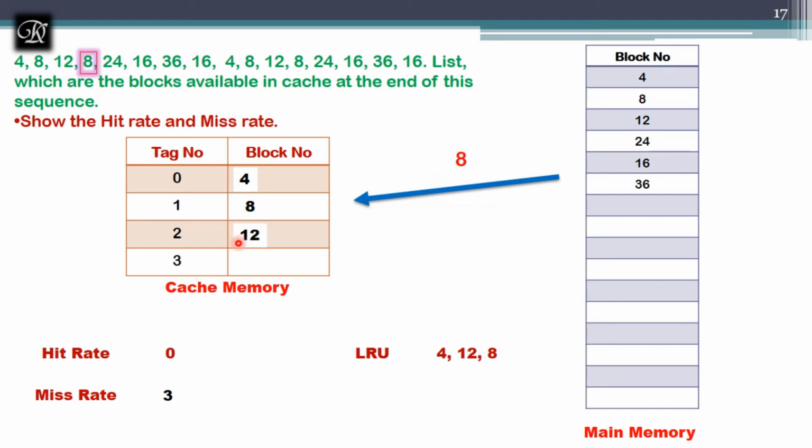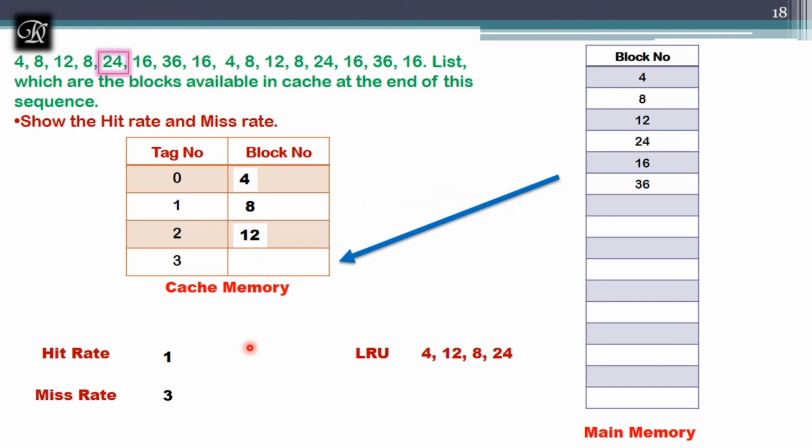I need not add it to the miss count because it is available. I am going to increase the hit count. Next 24. For 24, the next available empty location is the 3rd. I will bring in 24, increase the miss count, and add 24 to the least recently used array.